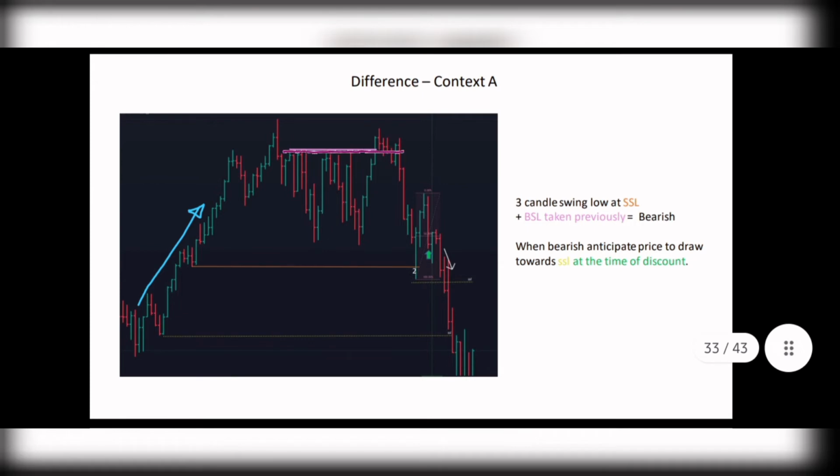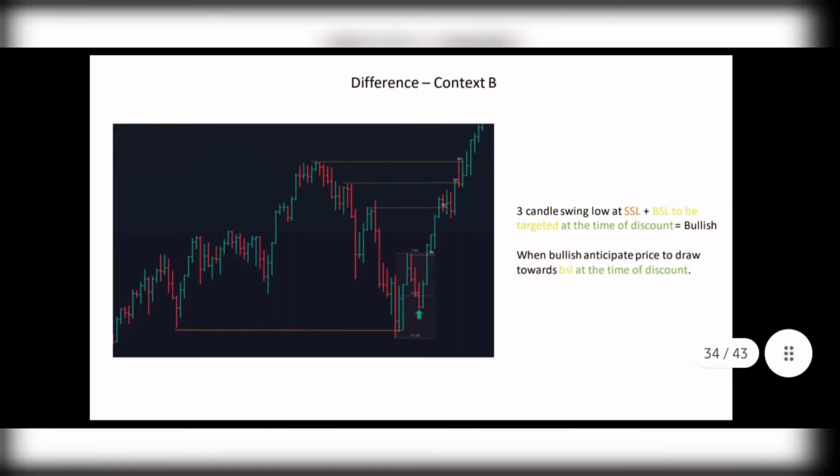In context B, the difference is that before we had a 3-candle swing low, we have not taken out any buy-side liquidity. That is why, after that 3-candle swing low at sell-side liquidity, we are bullish in this example.